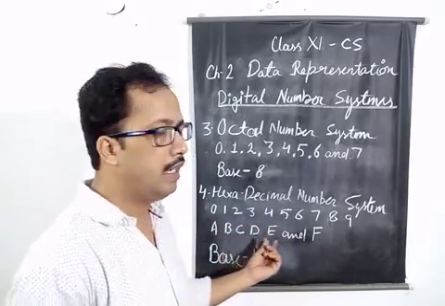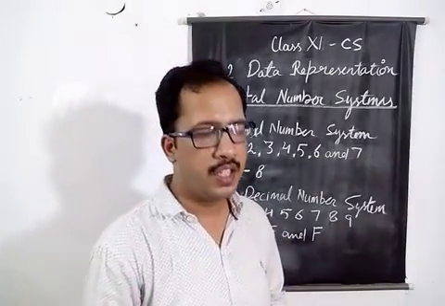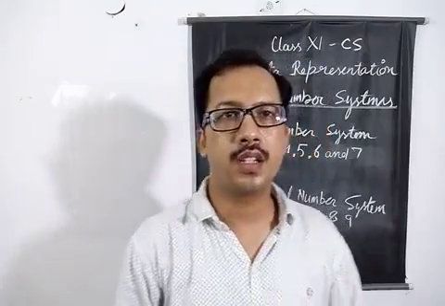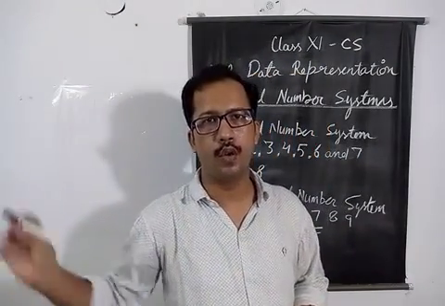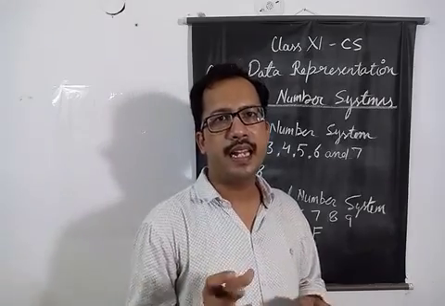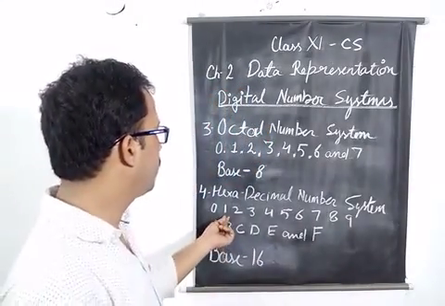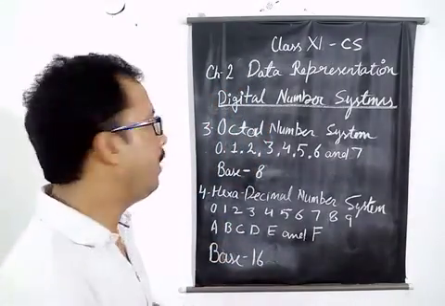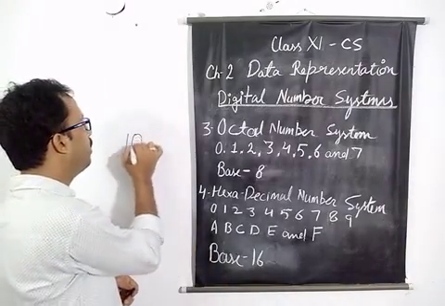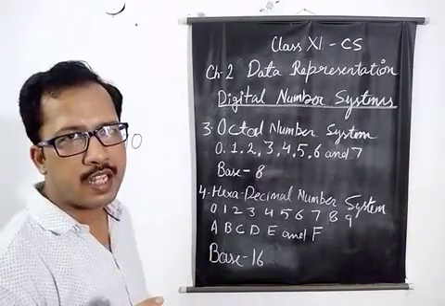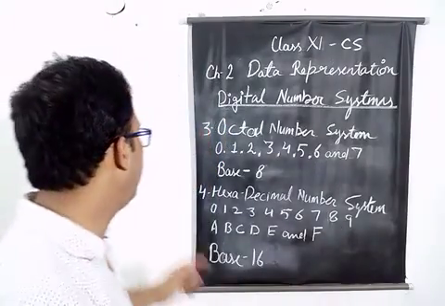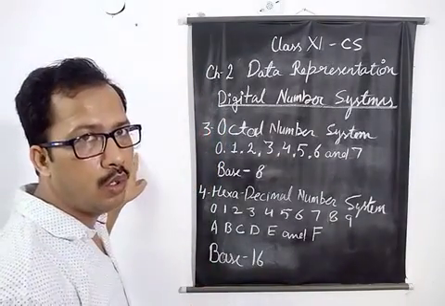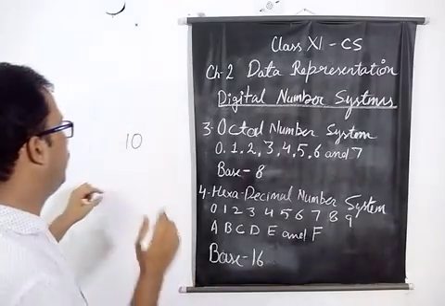Why are these letters used instead of the numbers 10, 11, 12, 13, 14 and 15? Because 10 is composed of two digits, 1 and 0. If I write 10, in the decimal number system it is ten, but in hexadecimal it could be read as 1 and 0, which is confusing.